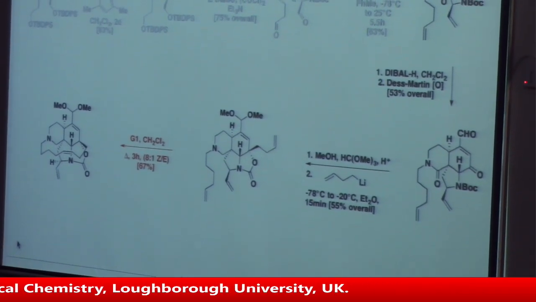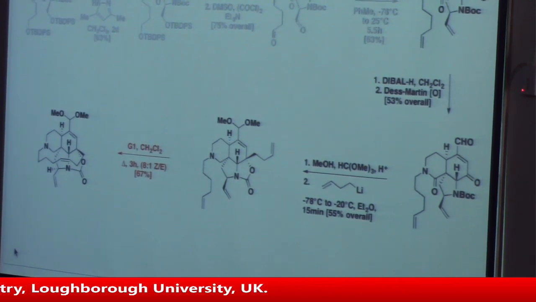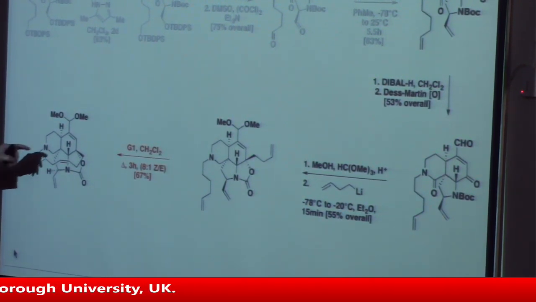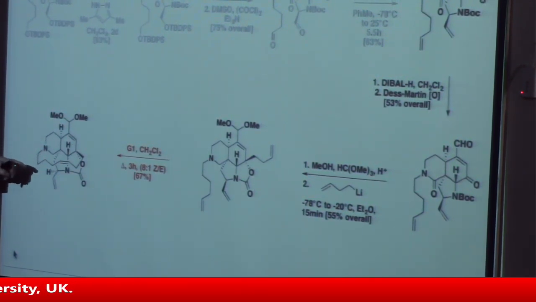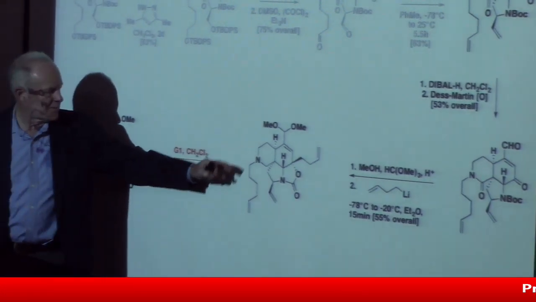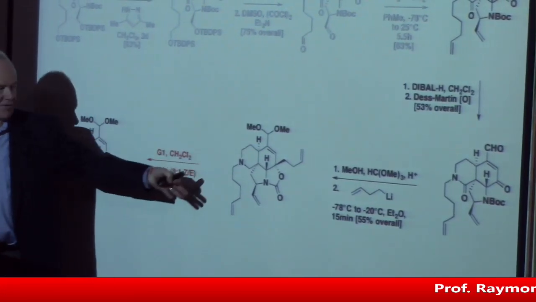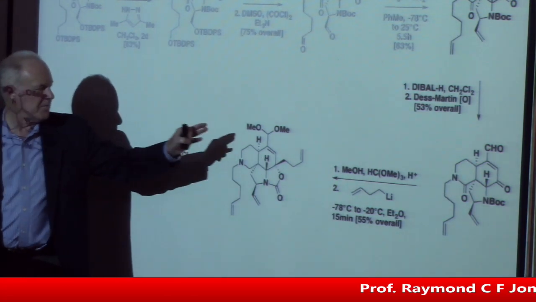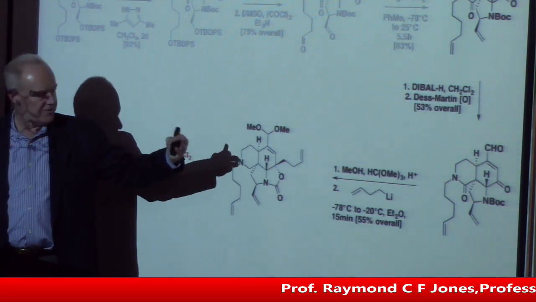Yeah, but you need this bridge to be on the top face, and actually this is relatively flexible here. There's quite a lot of conformational flexibility here, and this is already up on the top face.